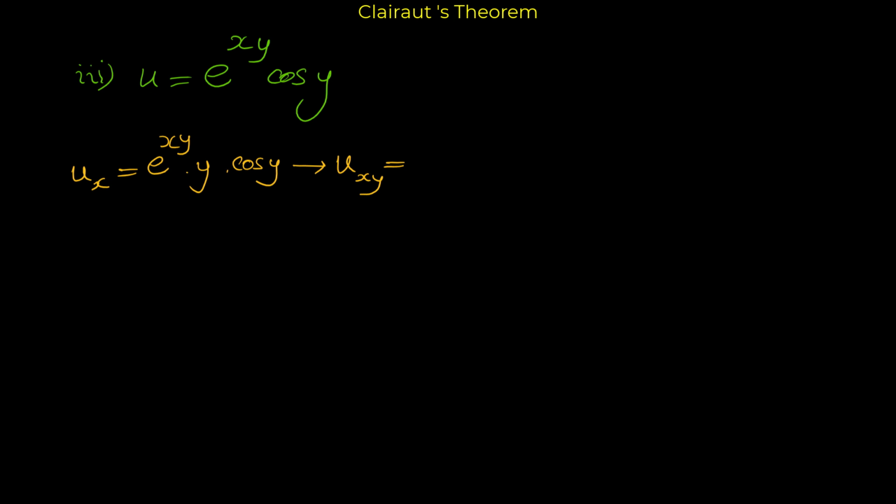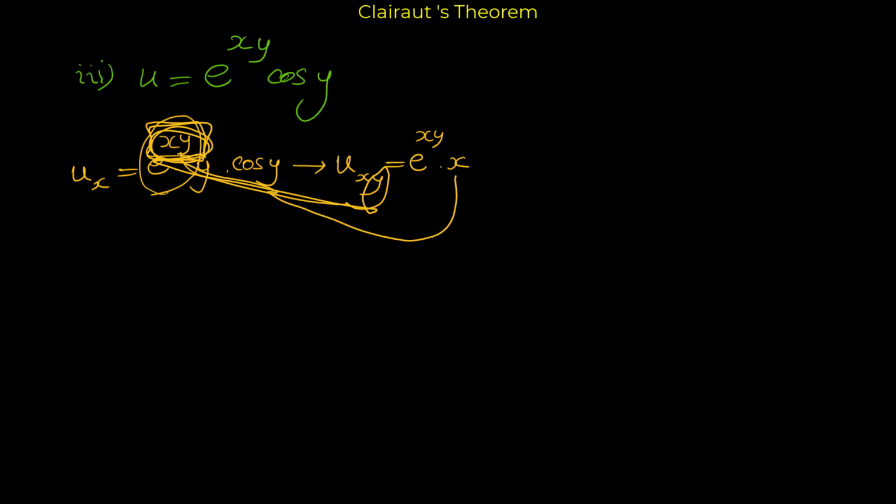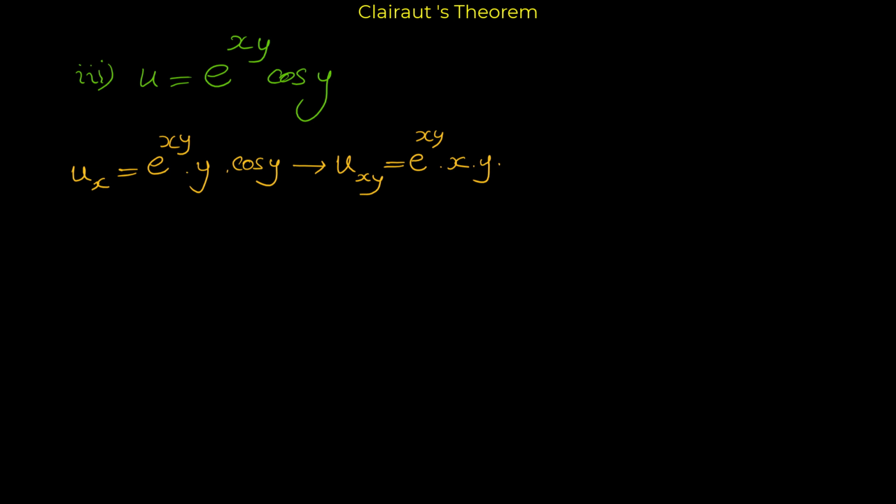Based on the product rule, first we find the derivative of the first part with respect to y. The derivative of that would be e to the xy times x. The derivative of e to the xy is e to the xy times the derivative of the exponent with respect to y, and the derivative of xy with respect to y is x. Don't forget to multiply this by the other parts we have here.